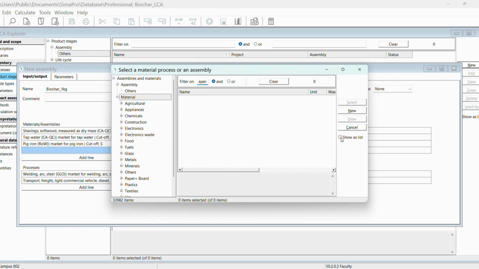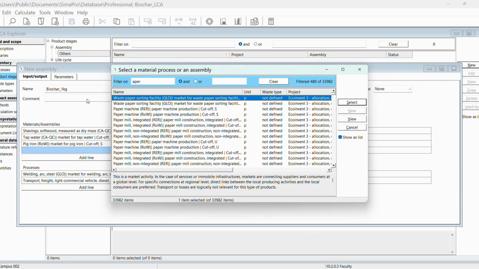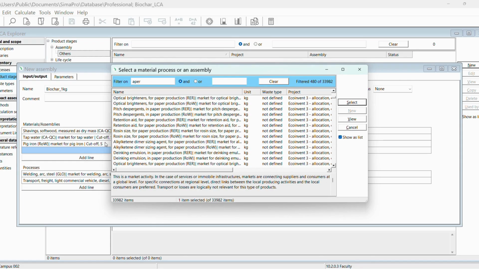So let's try to update suitable category of paper here. Don't forget to click here, otherwise you cannot find a suitable category here. Waste paper, waste paper. For simplicity we are going to consider any category of paper.